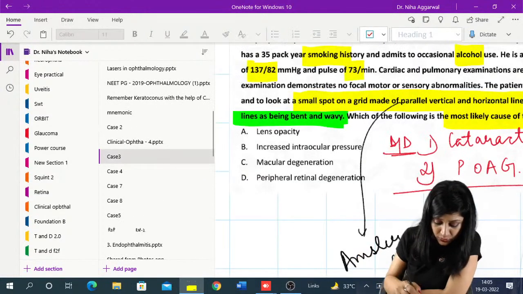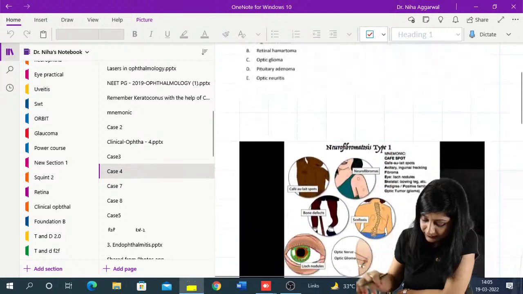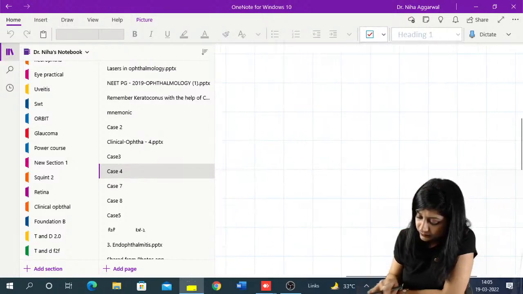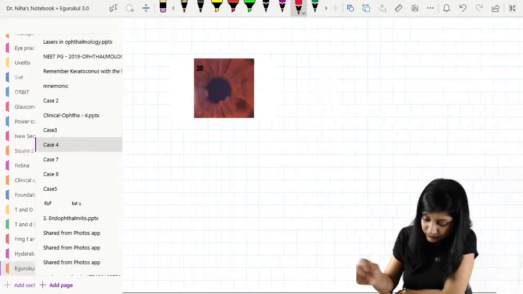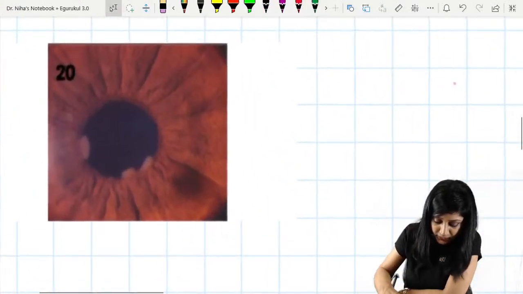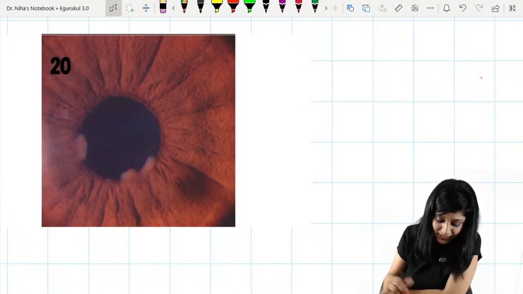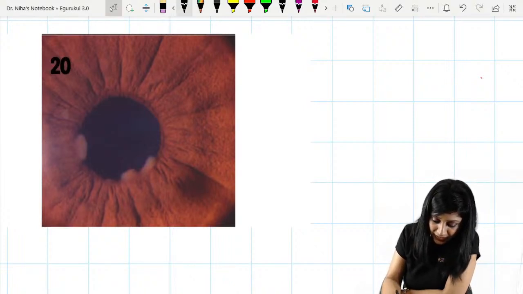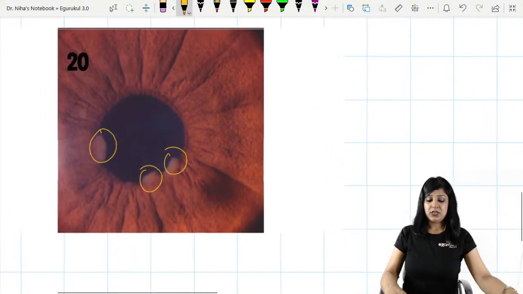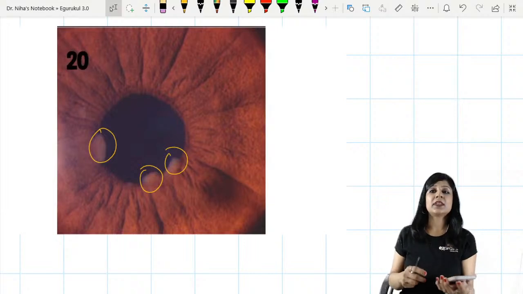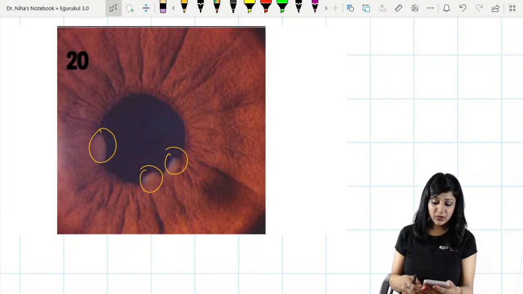Now coming to the next one. Now can you tell me what it is, guys? I'll tell you exactly what you have to comment on. What are these? You can see something over the pupillary margin there.